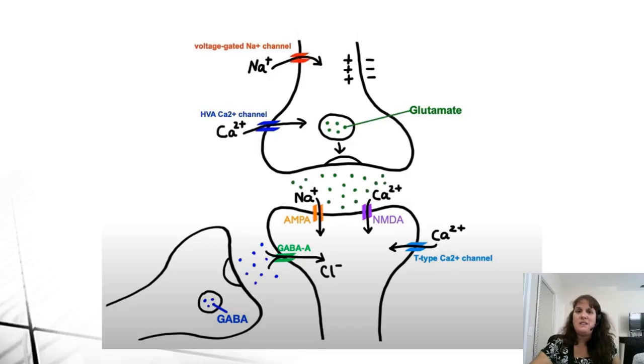So let's pause and just kind of take another minute to think about that. So all these positive ion influx, sodium and calcium, right, cause depolarization of the cell. And this increases the neuronal impulse.